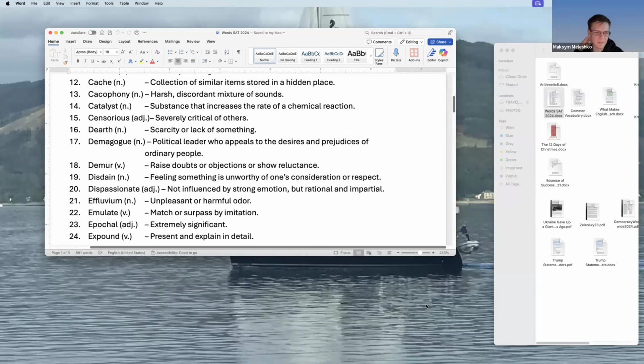Okay. 20 is dispassionate. Pretty good. Dispassionate. Okay. 21, effluvium. Effluvium. Yep. 22, emulate. Emulate. 23, epochal. Epochal. Yep. And the last is expound.